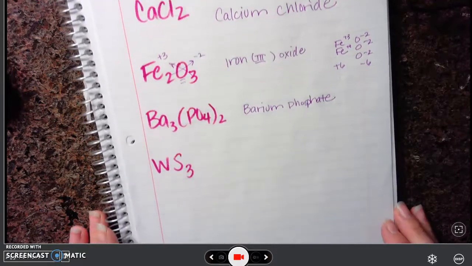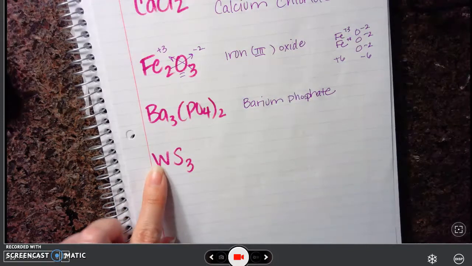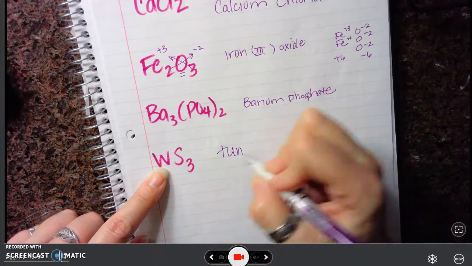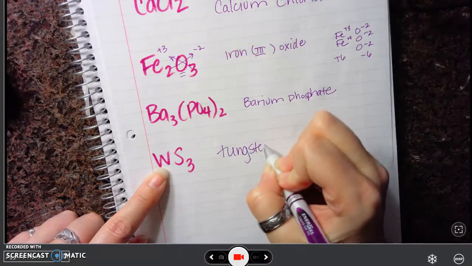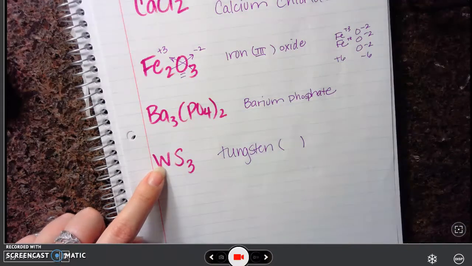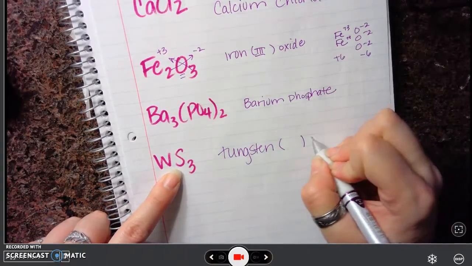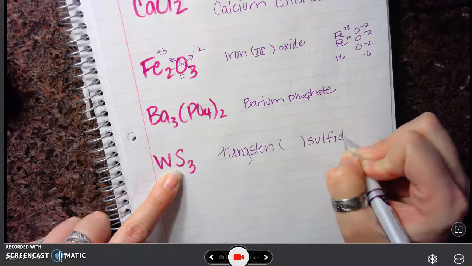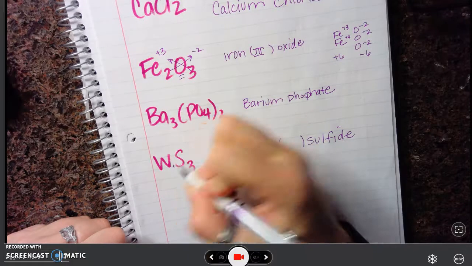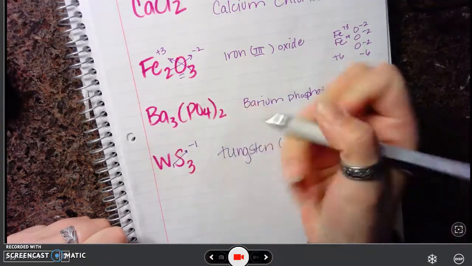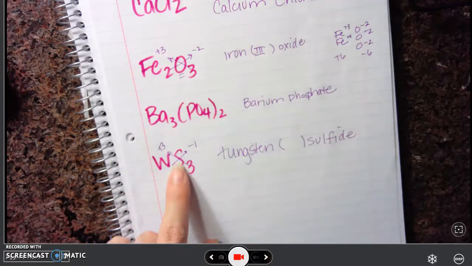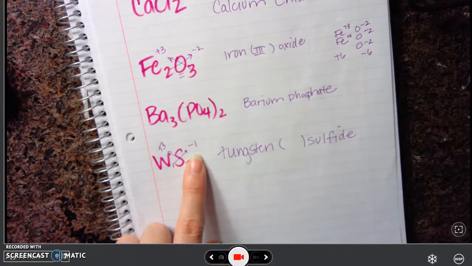Now the last one on my page, I have WS3. W is tungsten. Tungsten is a transition metal, so it's going to get Roman numerals to tell the charge of tungsten. And S is sulfur, so that becomes sulfide. Just to try the reverse swap and drop, there's 1 tungsten, it comes over here to be -1, and 3 comes over here to be +3. Now on this one, sulfur does not have a -1 charge.